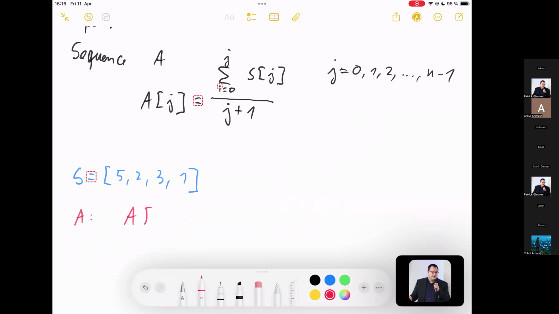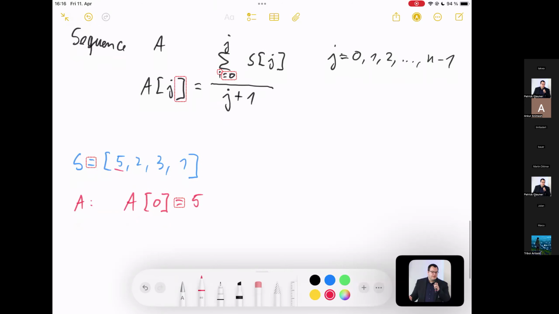So A_0, because j starts with 0. What would be A_0 if I use this definition to compute A_j, where j is now 0? Got the right answers, it's 5. Because all I'm doing is I'm taking this 5 and I'm done with the sum, and j is 0, and I divide by j plus 1, so I just divide by 1.